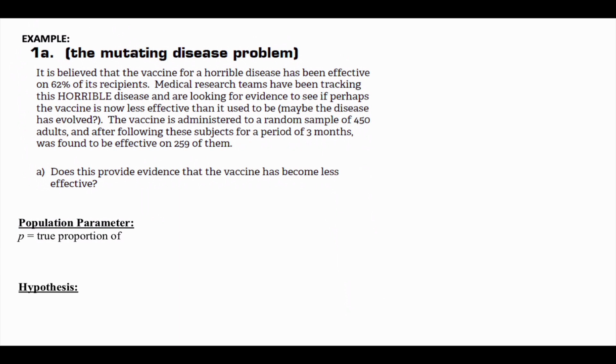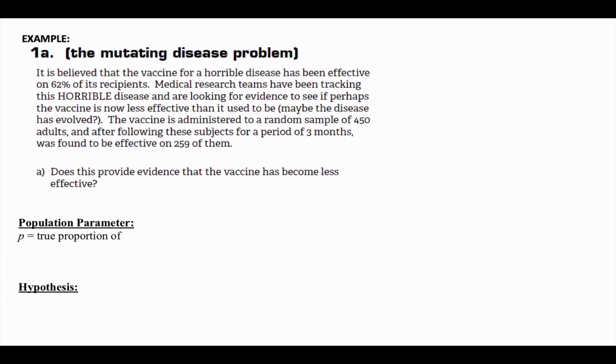In the past, it's been effective 62% of the time. That means 62% of everyone who's taken the vaccine, either they don't get the disease at all, or they don't get as sick as everyone else, right? So 62%. That means the other 38% got it and got really sick.